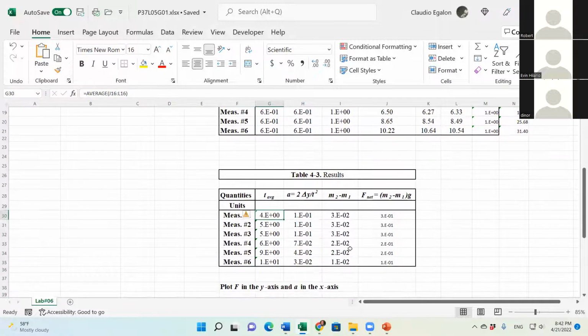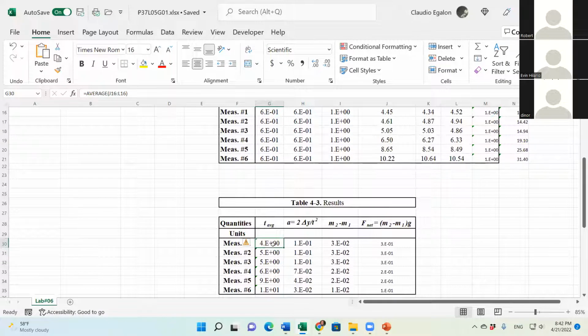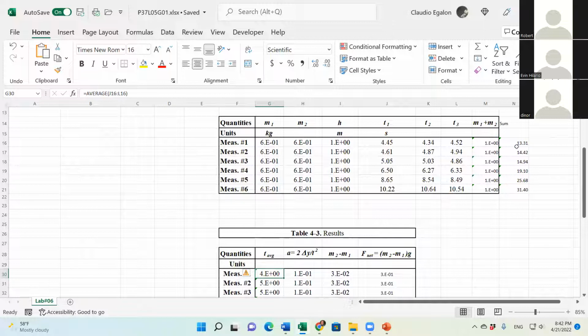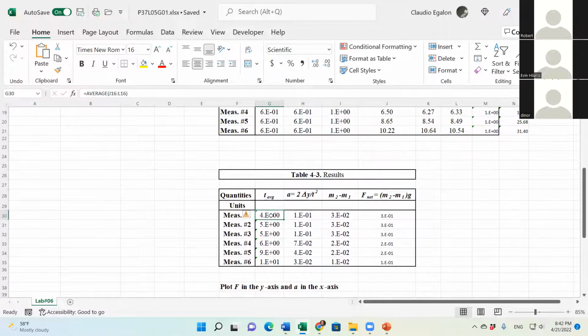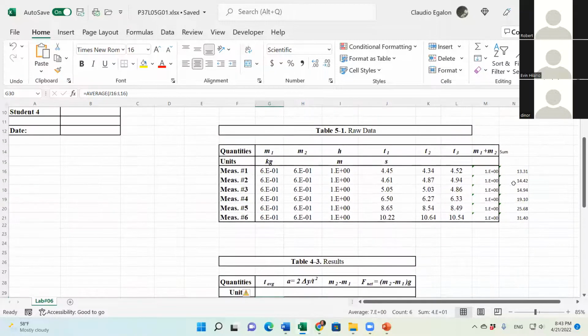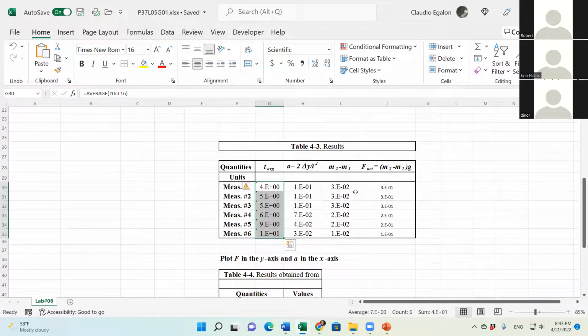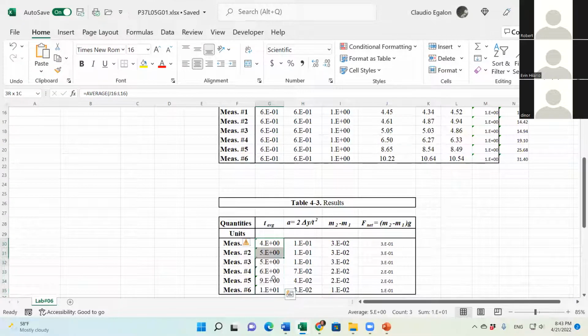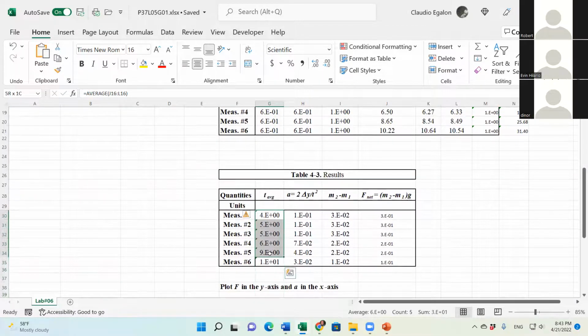Wait, the 2 on the top 5 and 3 on the 6th one, correct? All of them should be 4 significant figures because all of them have 4 here. Here we should have 3 decimal places, and here we have 2 decimal places to get 4 significant digits.